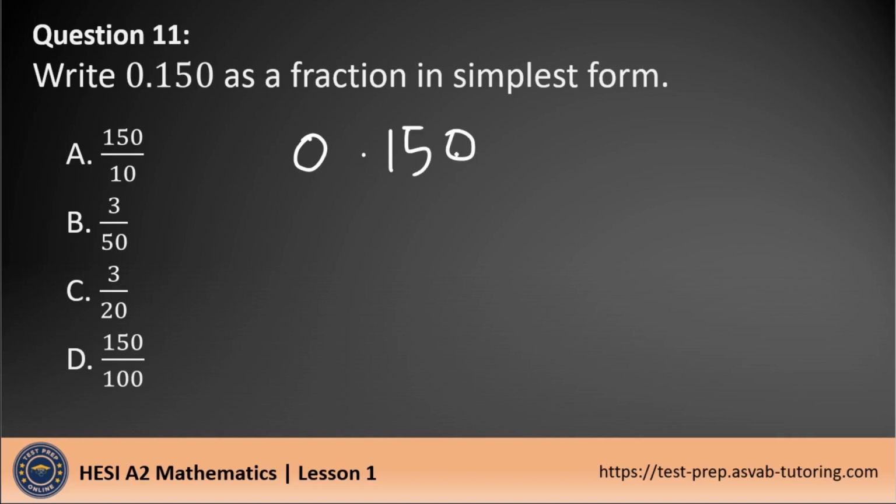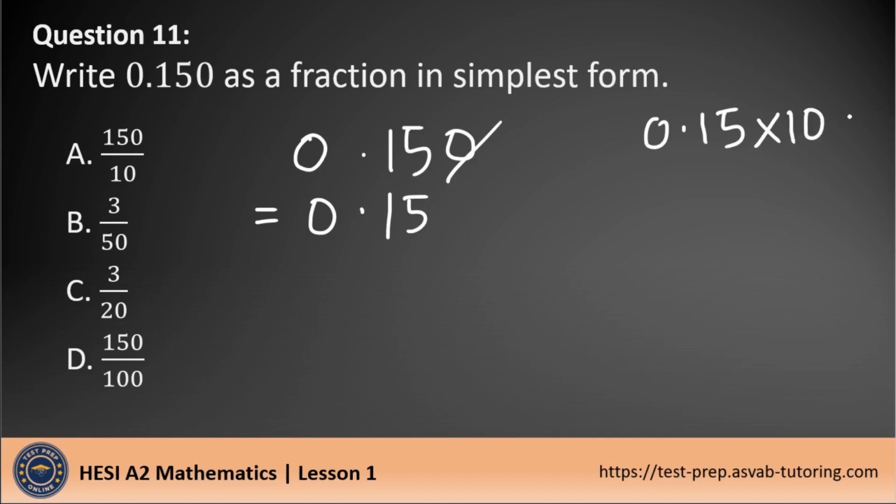After the point we can remove the 0, so it becomes 0.15. So now write down 0.15 times 100 equals 15.